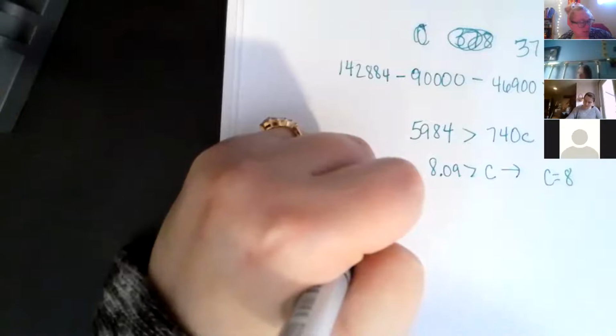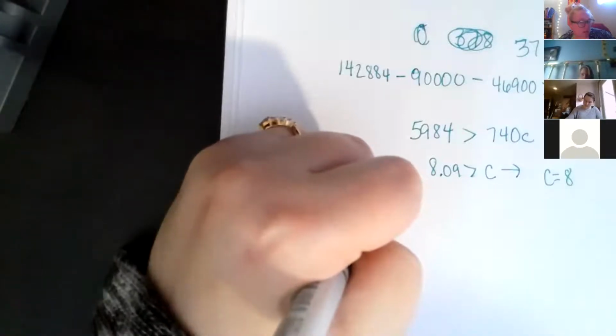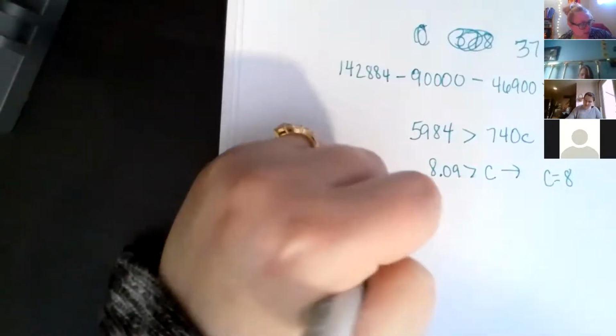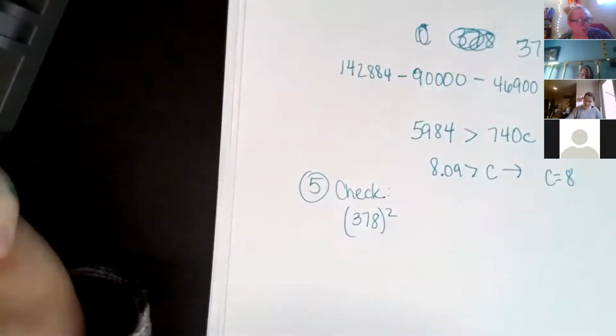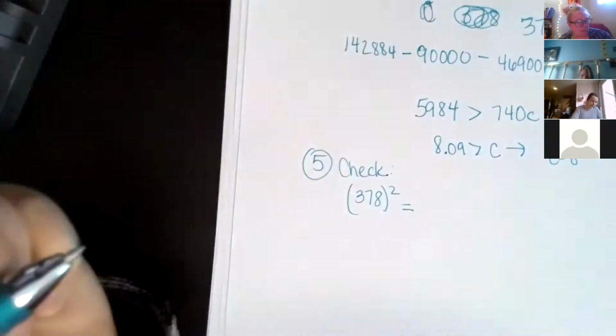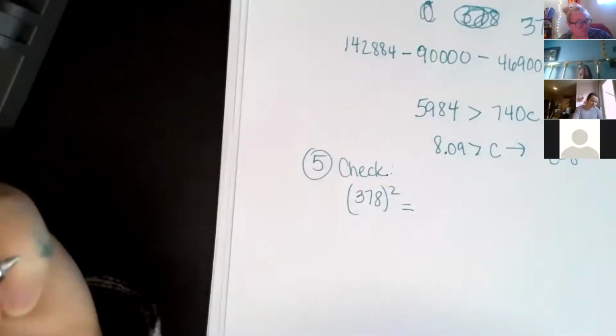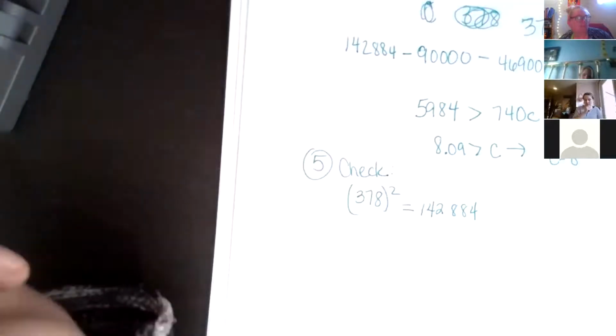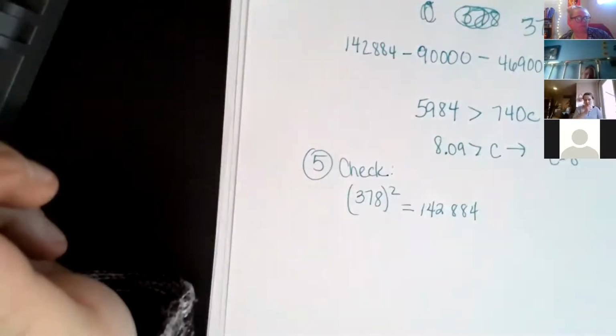So if I did 378 quantity squared, what is that? What's our number? That ridiculously long number. Ooh. Nice.